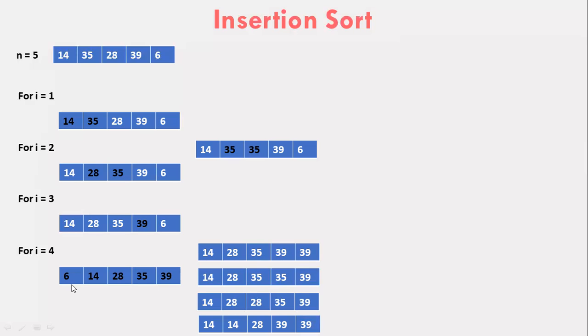Now let us consider one more example for a better understanding of this algorithm. Suppose we need to sort the array 9, 5, 1, 4 and 3. Again we have 5 elements with index values 0, 1, 2, 3, 4. Here we have to compare each element with the previous elements.